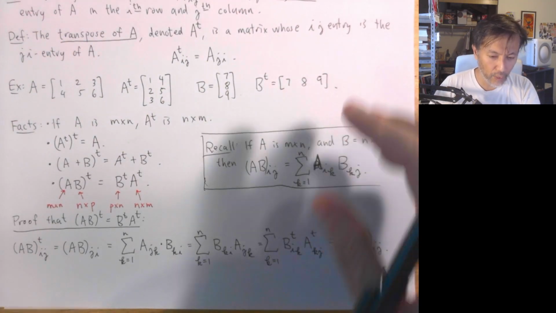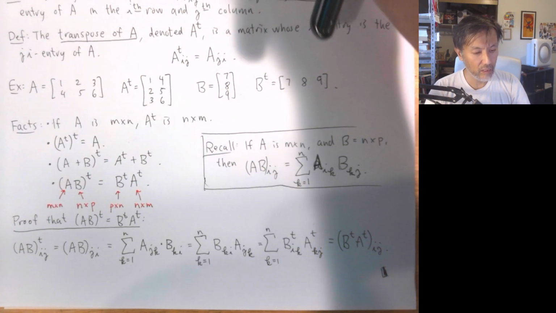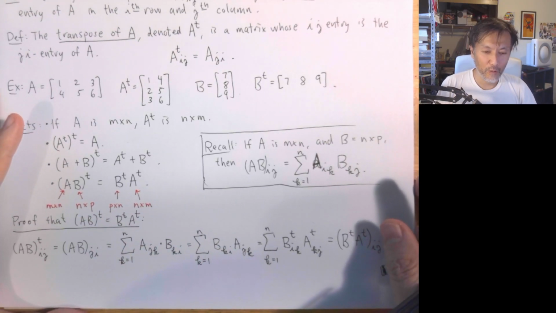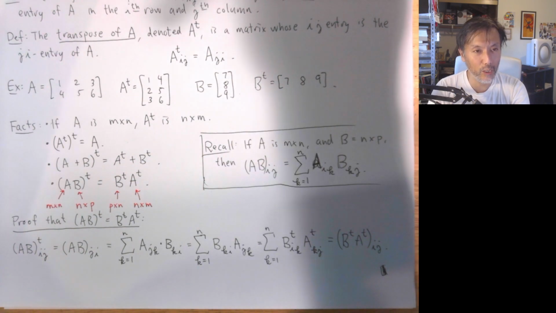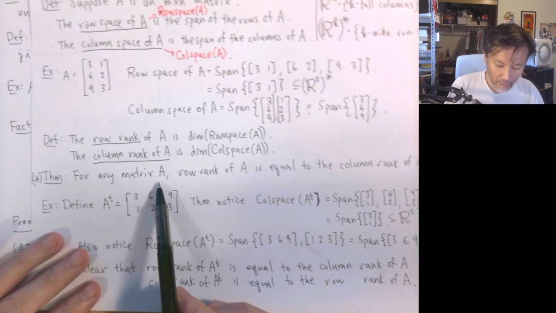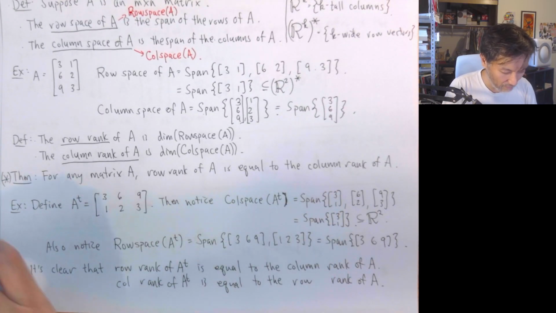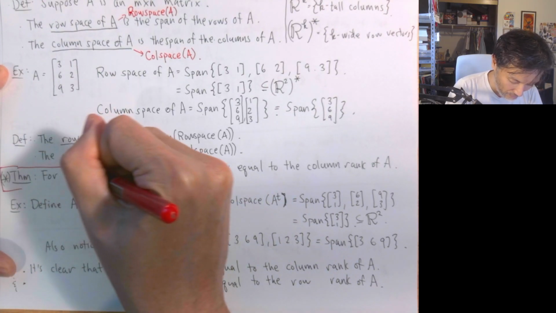All right, so let's see what comes next. Don't forget what the prize is, the big theorem that we're trying to prove: for any matrix A, the row rank of A is equal to the column rank of A. Let's put this in a red box to emphasize that this is the main theorem.